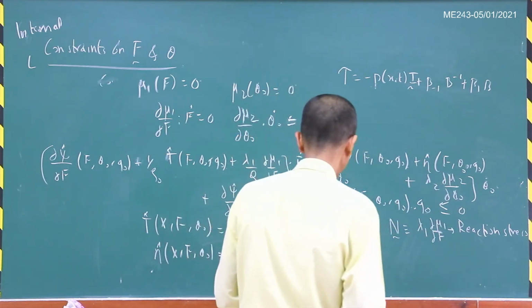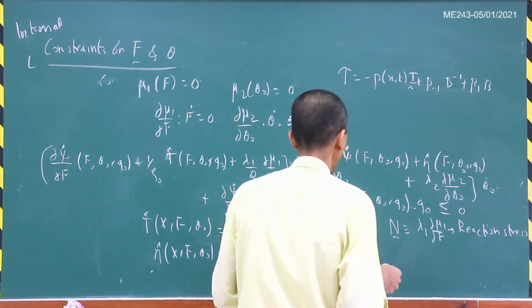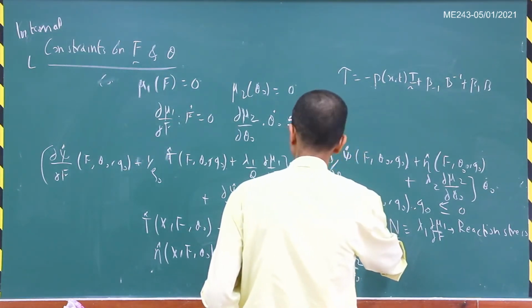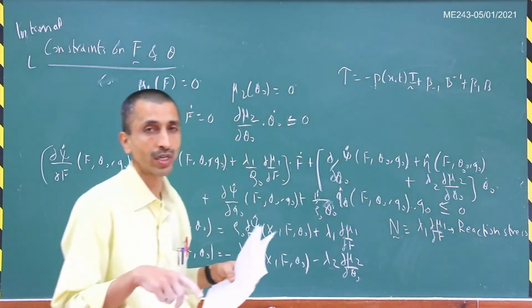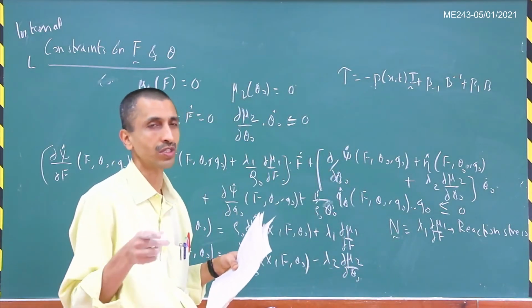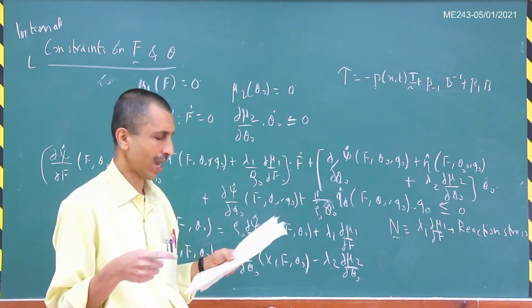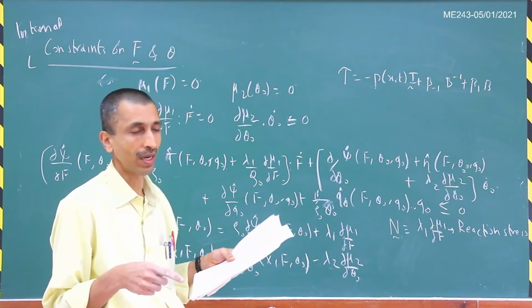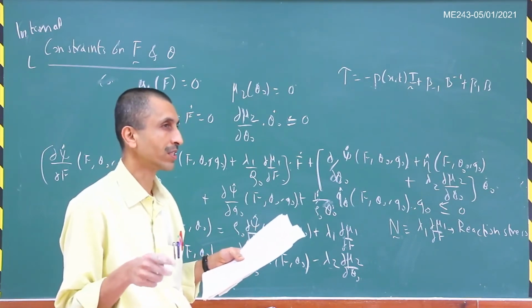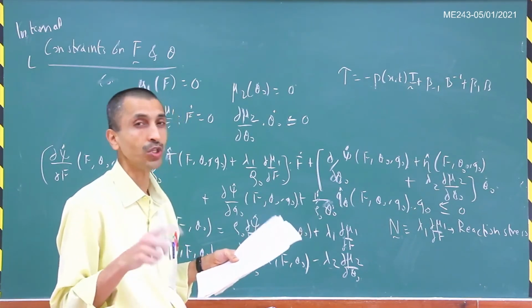And so this is the reaction stress for the first order of stress. Similarly, then you can deduce what is the reaction stress for the Cauchy stress. So use the relation that T is equal to P times F transpose by J. Use that particular relation to find out what is the reaction stress for the Cauchy stress in that case.